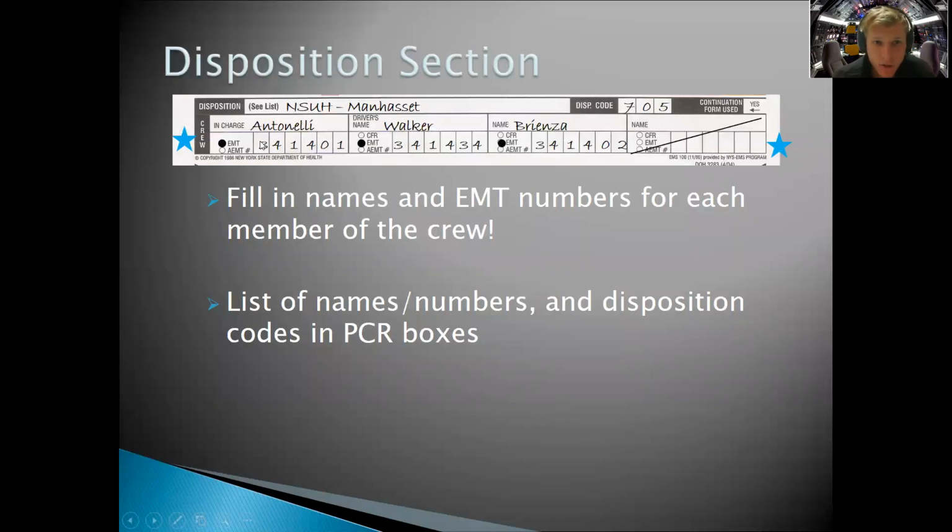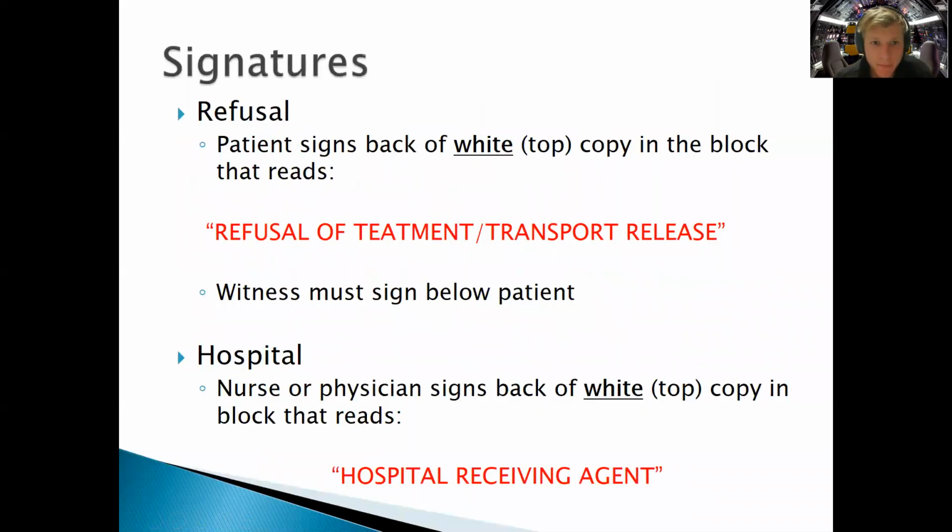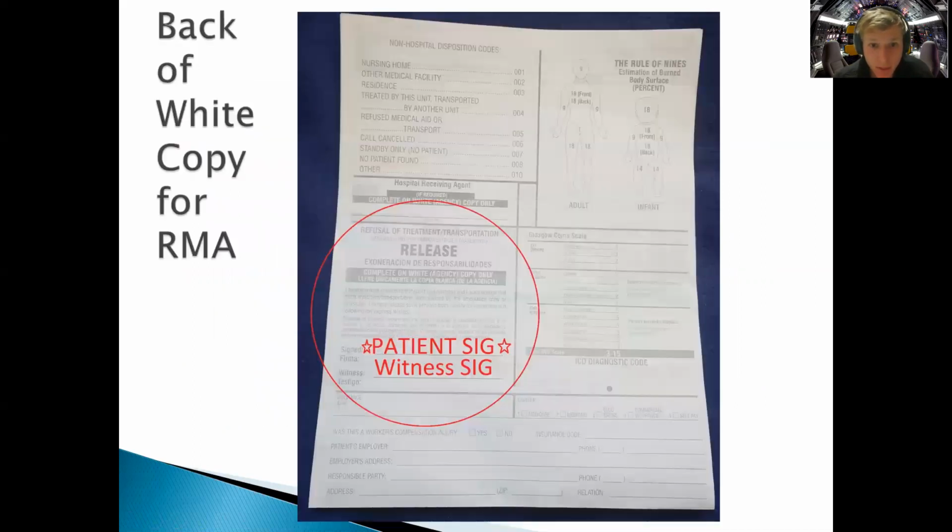For the crew, we have all the crew members in charge, crew chief, driver, and then techs and riders can be below. Fill in the names and all that apply. Signatures, so if the patient refuses medical assistance, they will sign the back of the PCR, patient signature, and a witness. Try and get a faculty member, be that a teacher, a company officer, or whoever you can.